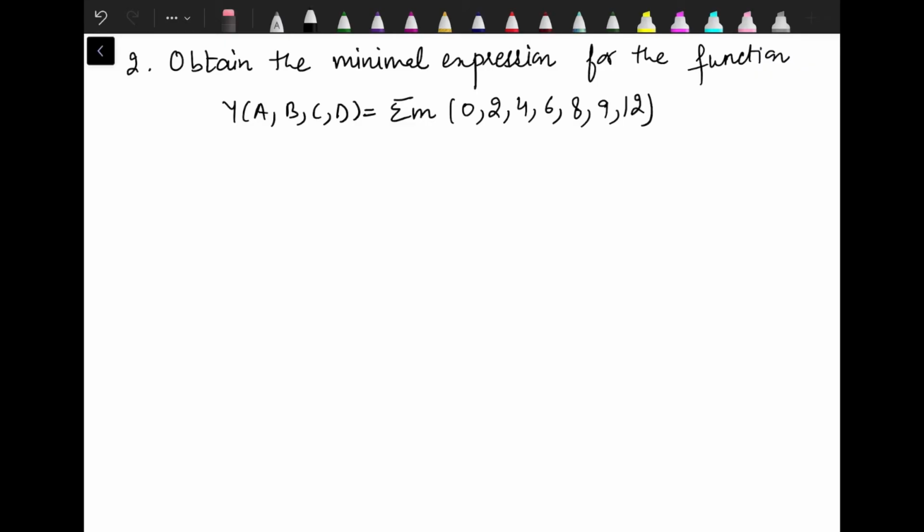Now this is a four variable problem, so we need to use the four variable K-map.